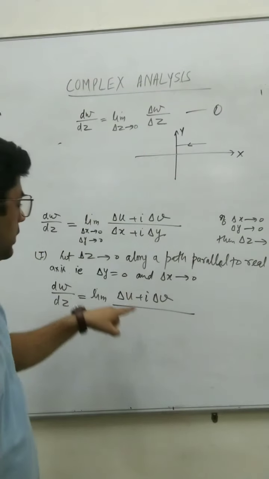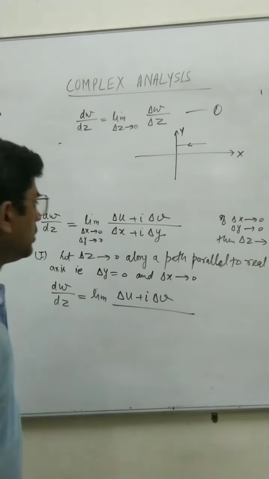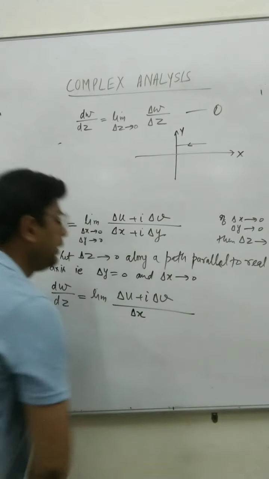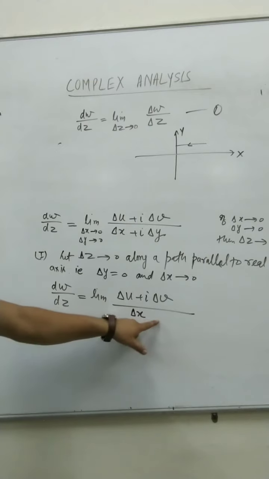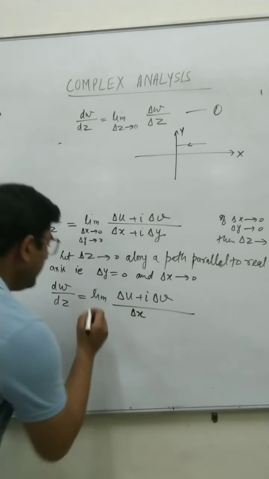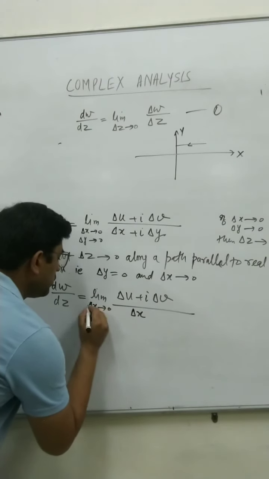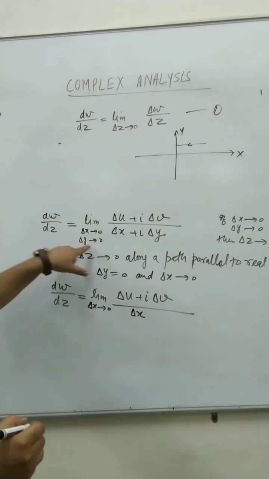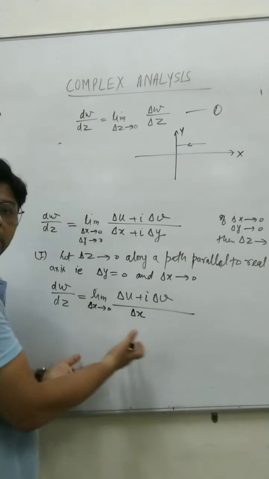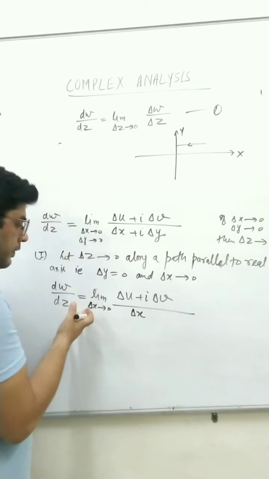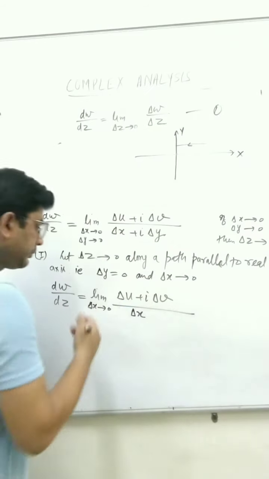So here we have only delta x. Since there is no y, we write only delta x tends to 0, with no need to write delta y tends to 0.